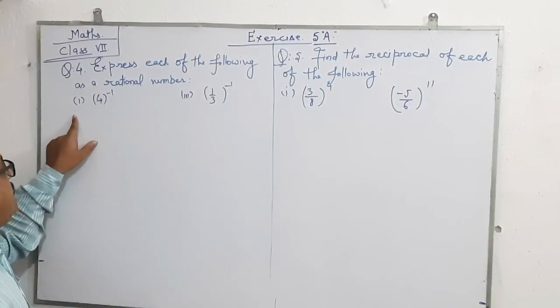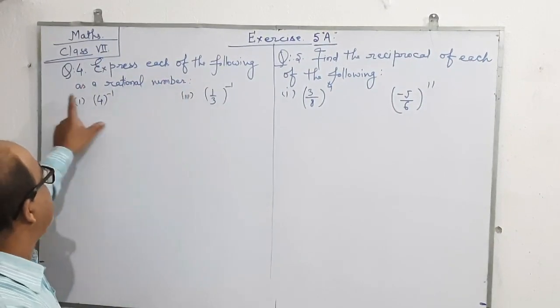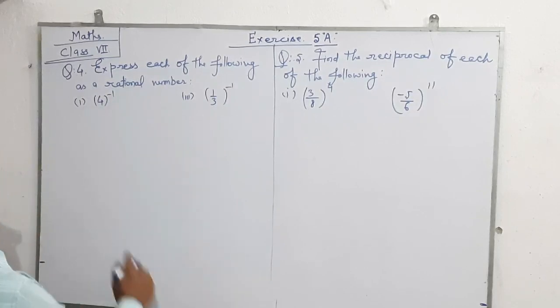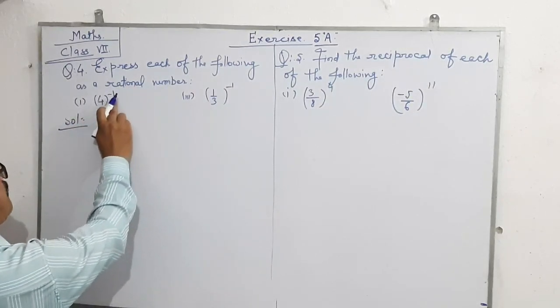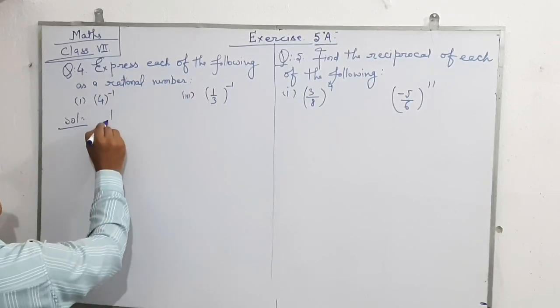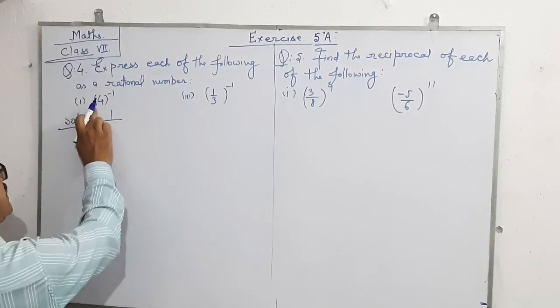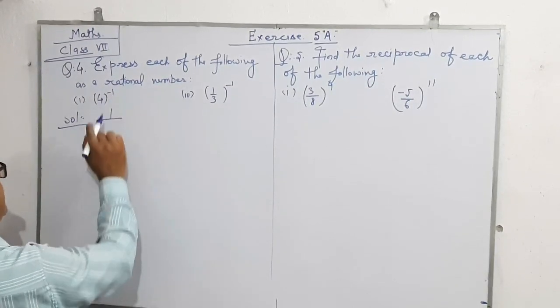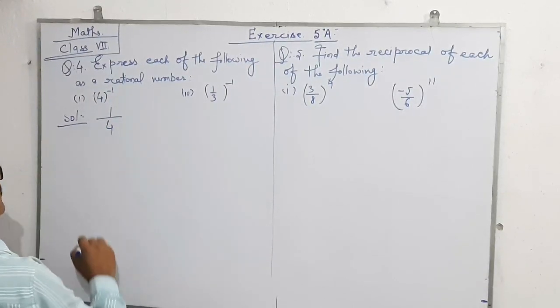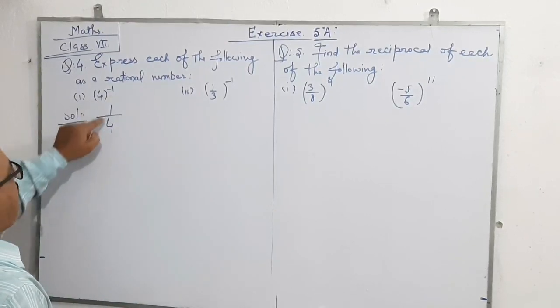Here the next question, express each of the following as a rational number. This one, 4 to the power minus 1. As we know, if any integers have the negative exponent, so that time it will be written like this one, 1 by 4.